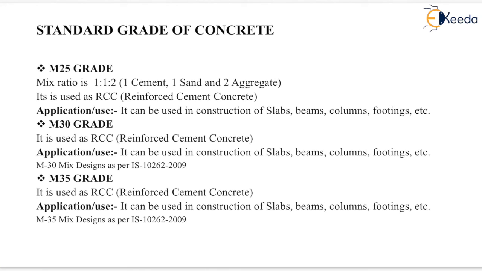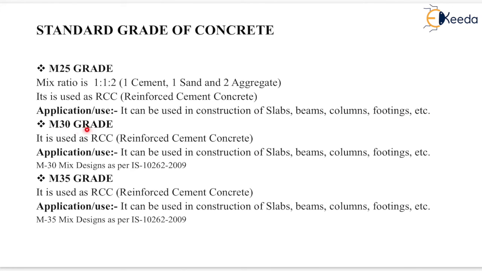In standard grade of concrete, M25, M30 and M35 grade concrete come. The mixed proportion of M25 grade concrete is 1:1:2. It is also known as RCC, and its application is in construction of slabs, beams, columns, footings, etc.